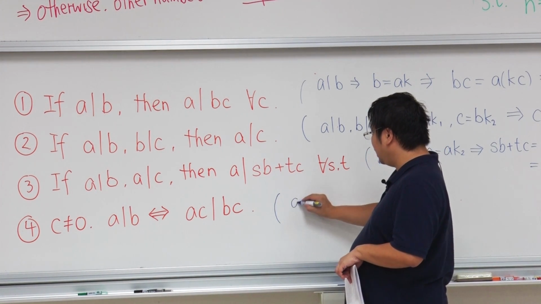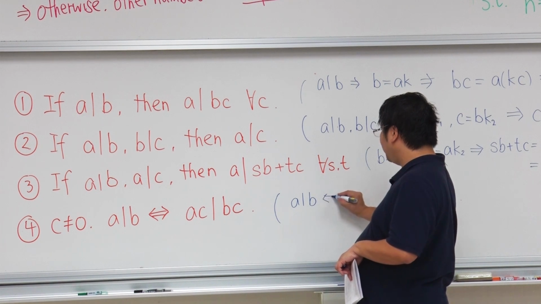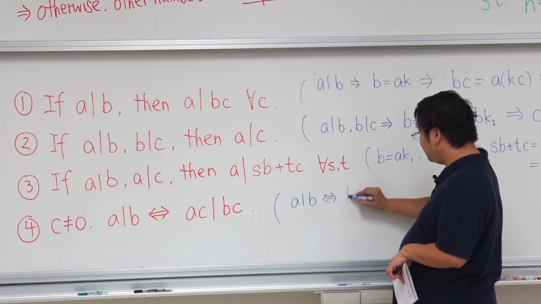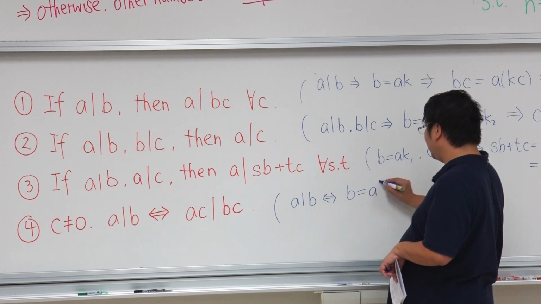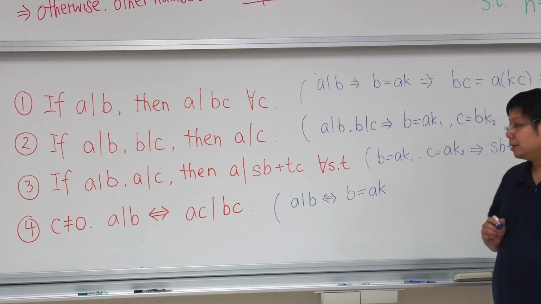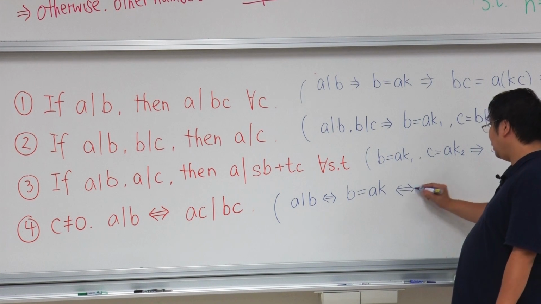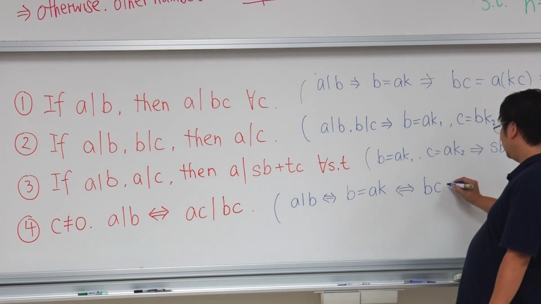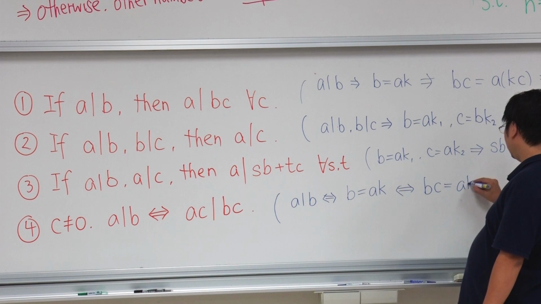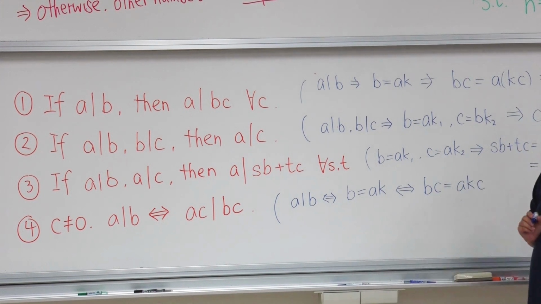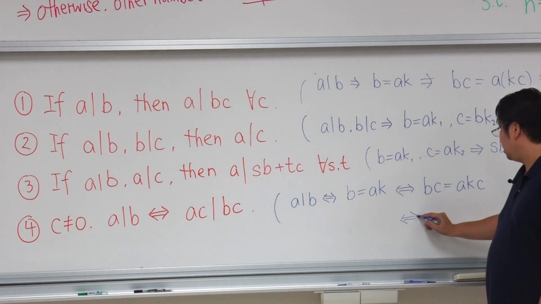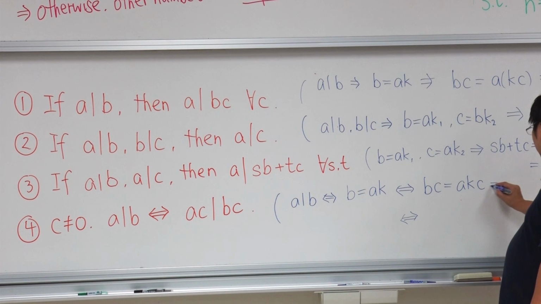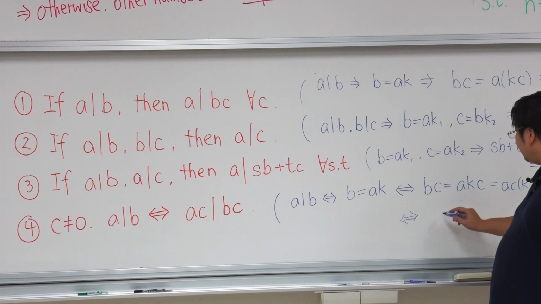A divides B happens if and only if B is equal to AK for some K, right? So this is happening if and only if B times C is equal to AK times C, which is equal to AC times K. So this happens if and only if AC divides BC.